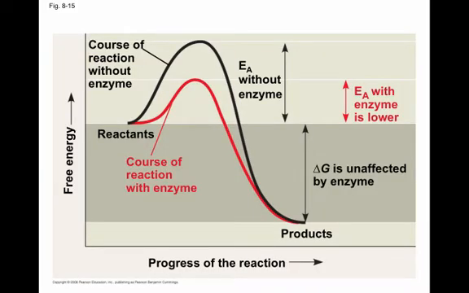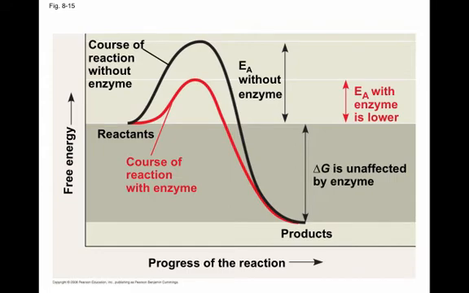So here we see that same image, but now we've overlaid a line that shows us what will happen if enzymes are present. We have our typical without-enzyme line. You can see how high that activation energy hump is in that lighter part of the graph at the top. But when you use an enzyme, our reactants still start at the same point, our products still end up at the same point, so the free energy is the same.